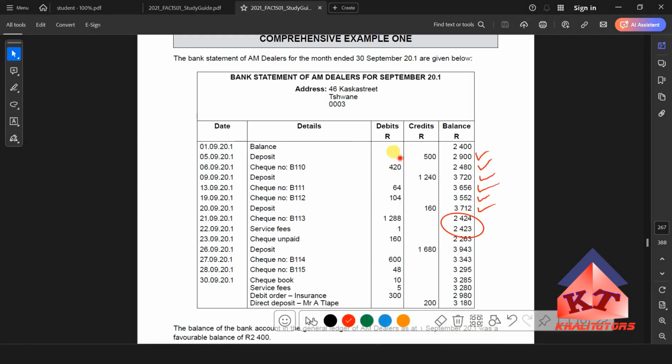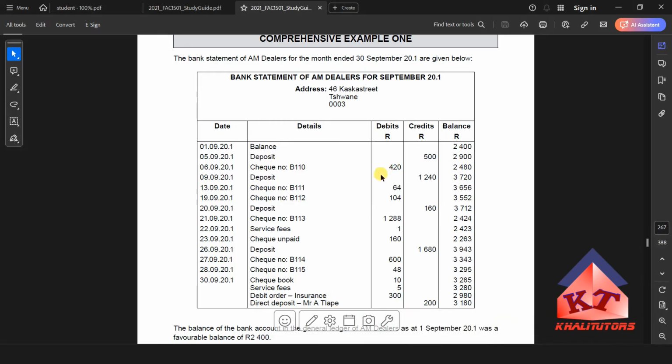In this case, we know that this one is there, this one is there, this one is there, this one is there, and I think also this one is there. And the remaining items are not there.